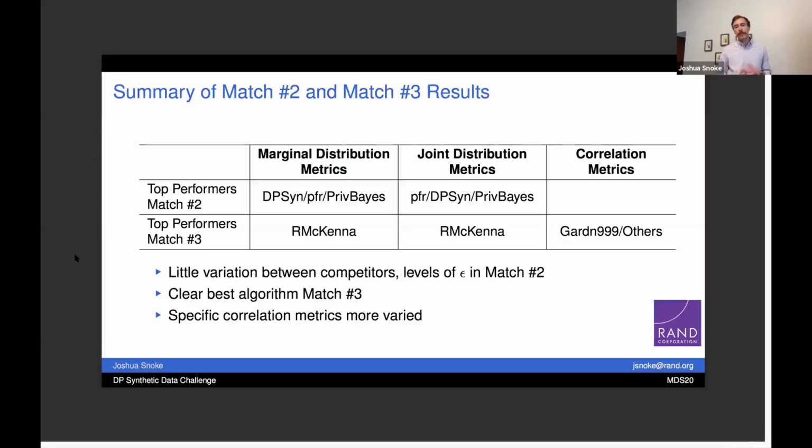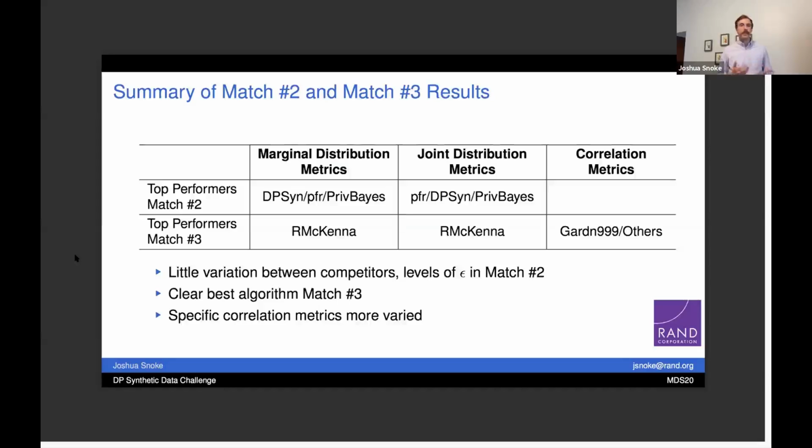In Match 3, there actually was a pretty clear best performing algorithm, which was the R. McKenna one, which was a combination, as I said, of non-parametric and parametric. They pretty consistently did the best across the first two categories, the marginal and the joint distributional categories. When we zoomed in on correlation metrics, we got more varied answers.